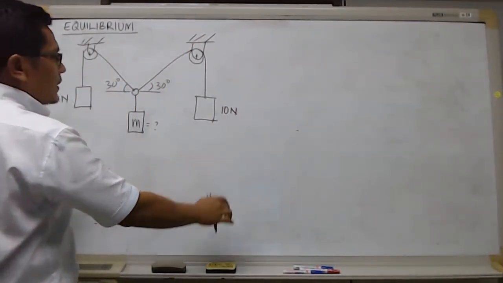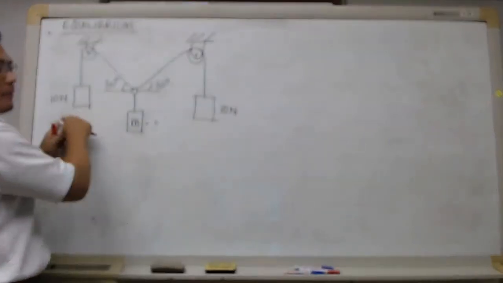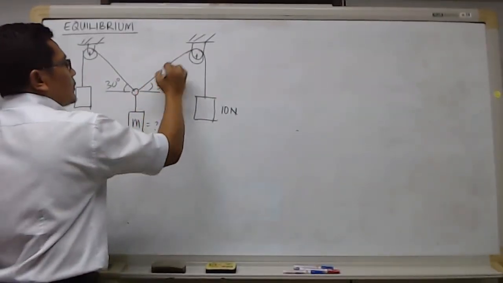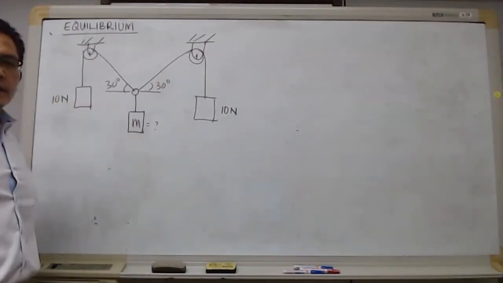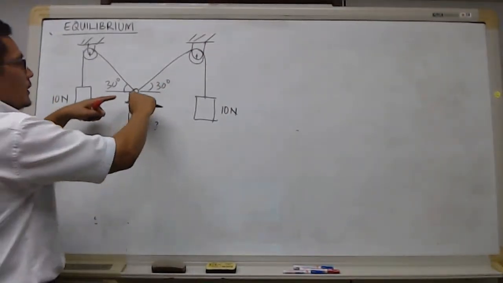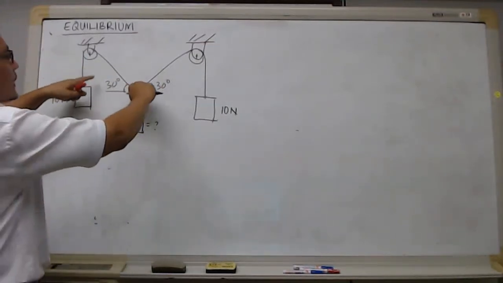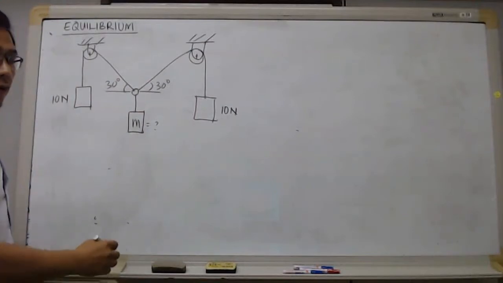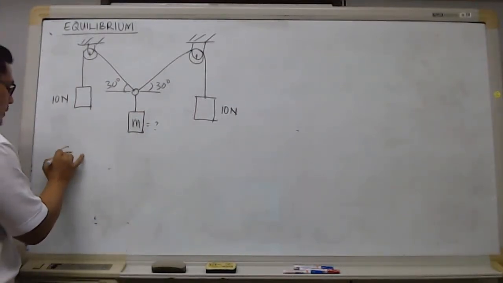So imagine there are 2 masses on both sides, each having the weight of 10 Newton, and they are hanging at the angle of 30 degrees. So we ask what is the weight of the mass here to make sure the system is in equilibrium. And when the thing is statically staying like this forever, we call it equilibrium, or static equilibrium.